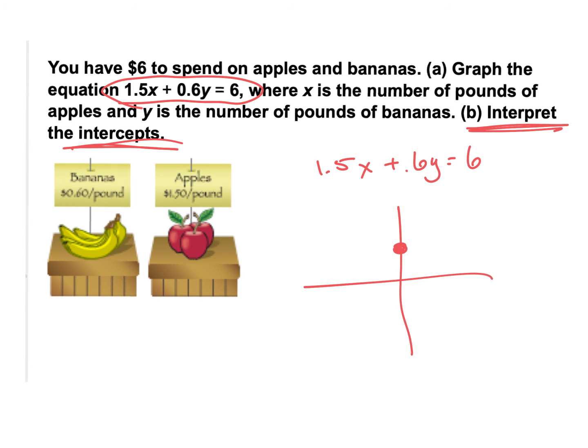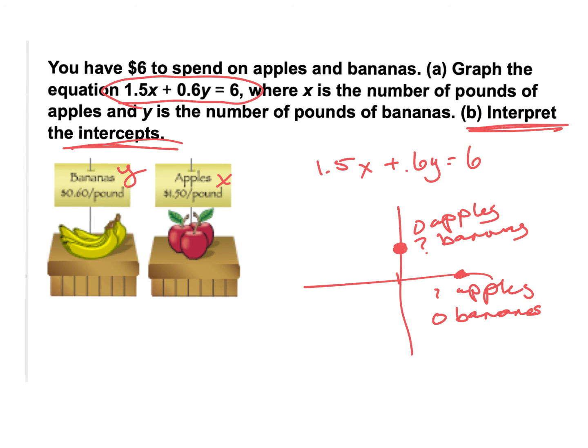That means since x is the number of apples and y is the number of bananas, if my x is 0, that means it's 0 apples and however many bananas I bought. On the x-axis, y would be 0, so that means 0 bananas and however many apples.